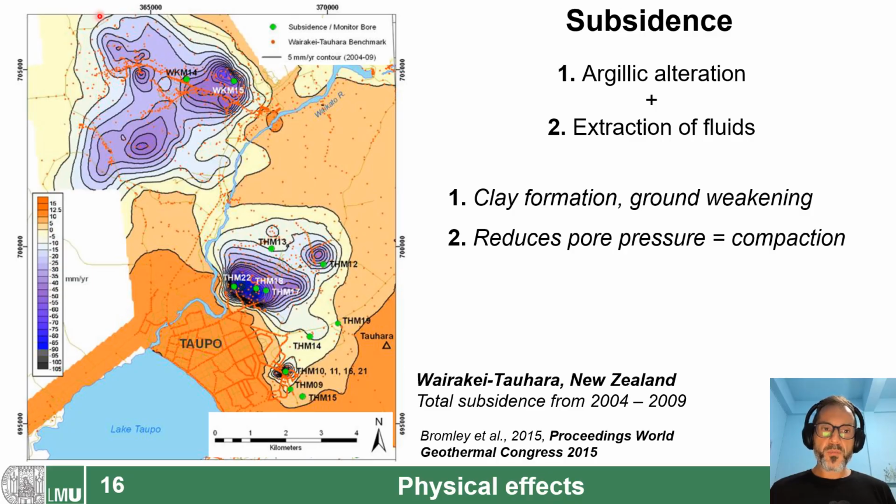Here we have a map showing isolines around the geothermal fields of Tauhara and Wairakei in central North Island, New Zealand, close to the lake and town named Taupō. These isolines basically represent the subsidence anomaly which was measured during the period 2004-2009 through boreholes in the geothermal fields.